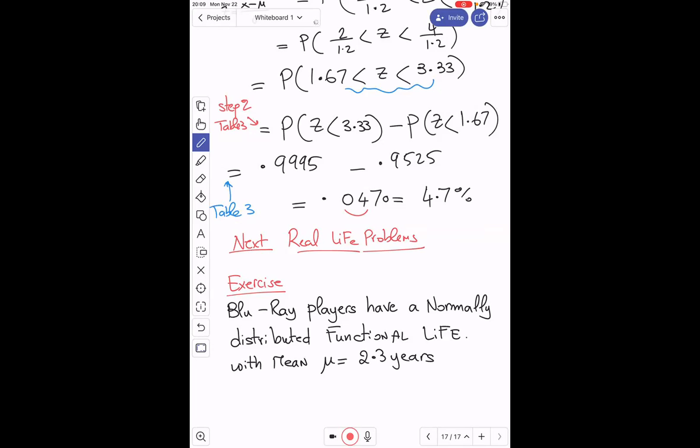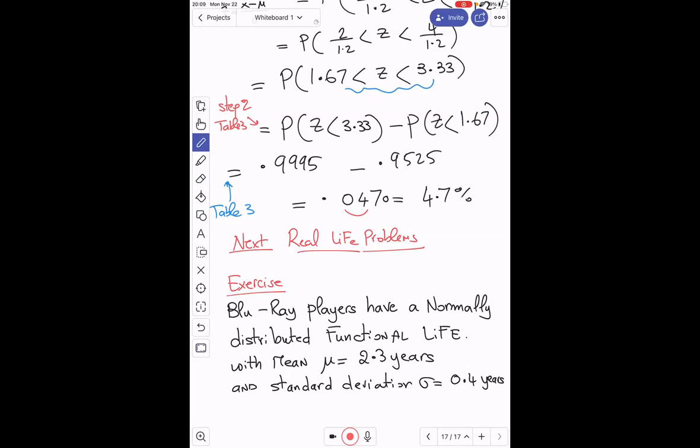And the standard deviation, sigma, is 0.4 years.